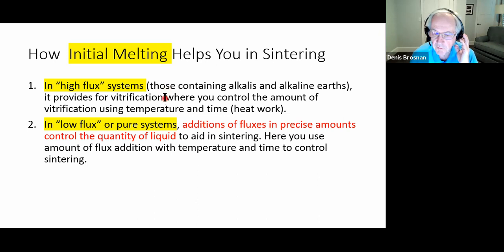It's going to contain crystalline material of some sort. Now, in systems that don't contain much flux, we can make additions of fluxes in precise amounts. And that's the way that we control the amount of liquid that forms in heating. So we're adding fluxes on purpose into the system to control melting. Wow, that's kind of a new concept. And let me say that that's practiced every day in ceramic arts, ceramic technology.